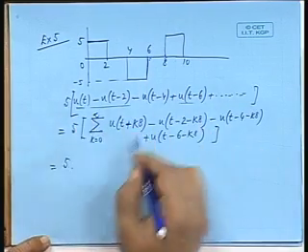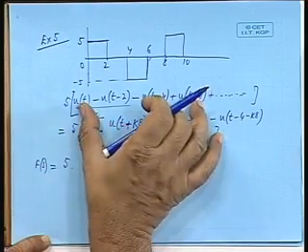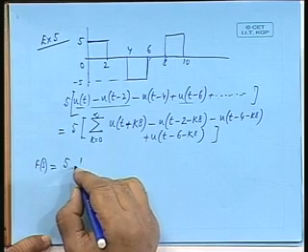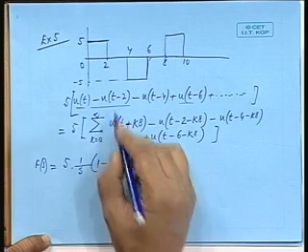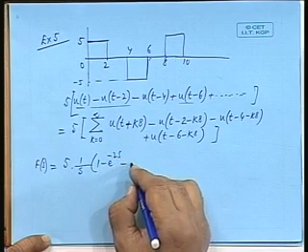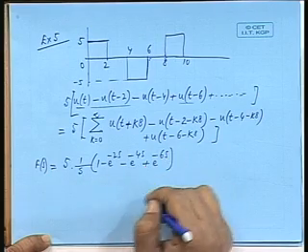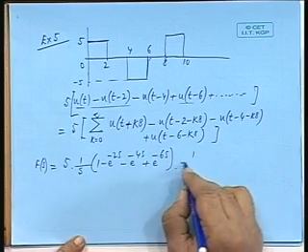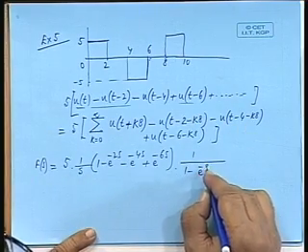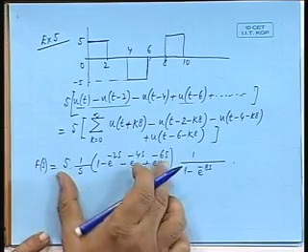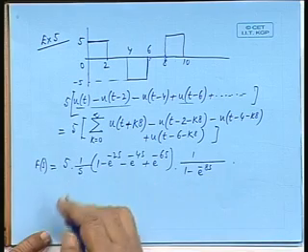So, for one period F(s) will be 5 into 1 by s into 1 minus e to the power minus 2s minus e to the power minus 4s plus e to the power minus 6s, this whole thing into 1 by, it is repeated, 1 minus e to the power minus 8s, is it not? This is something like our earlier f1(s) and multiplied by this, that will give you total F(s).